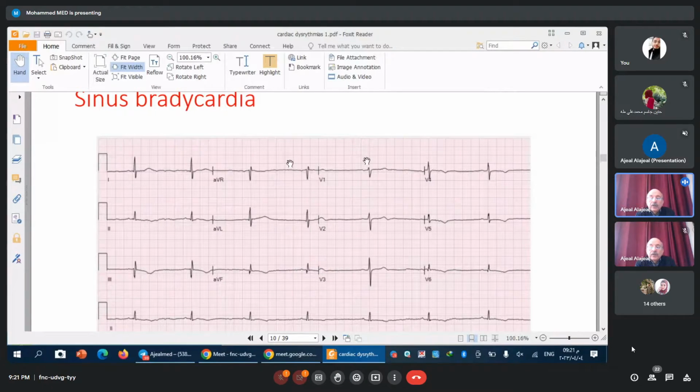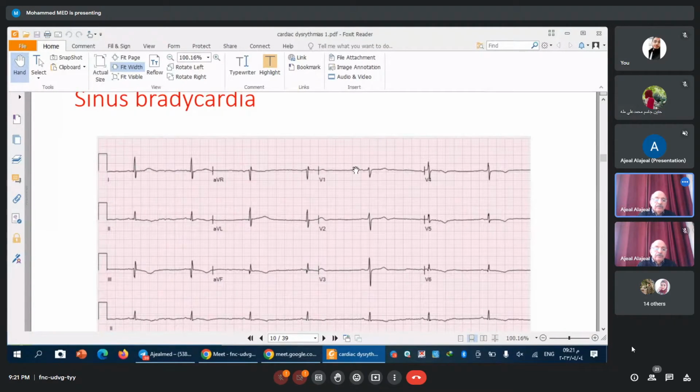It also occurs in athletes, those who do exercise. In athletes it is better, because a slow heart rate is much better for the health of the heart than a rapid heart rate.